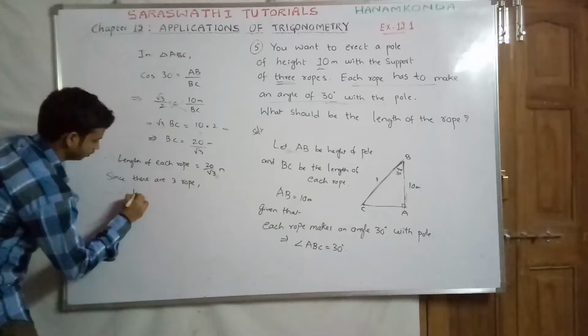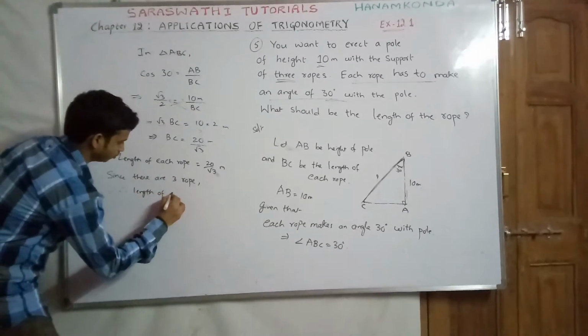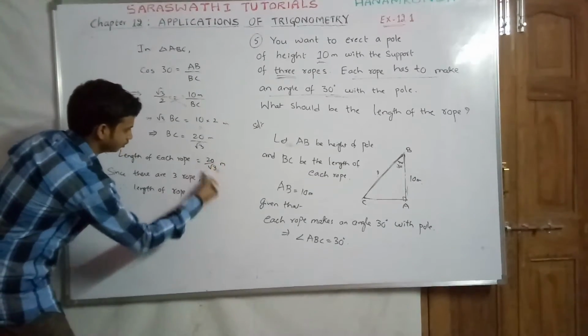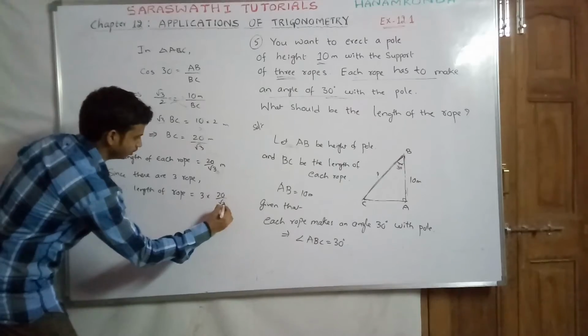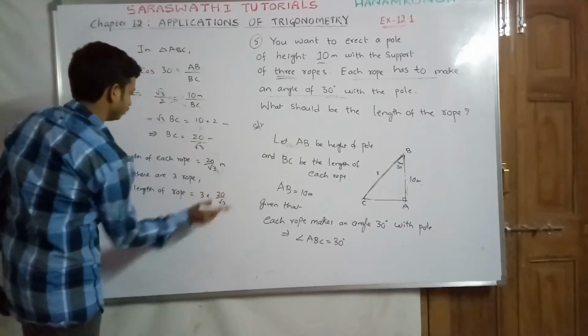the length of 3 ropes equals 3 into 20 by root 3. Each rope is 20 by root 3, so 3 ropes equals 3 into 20 by root 3.